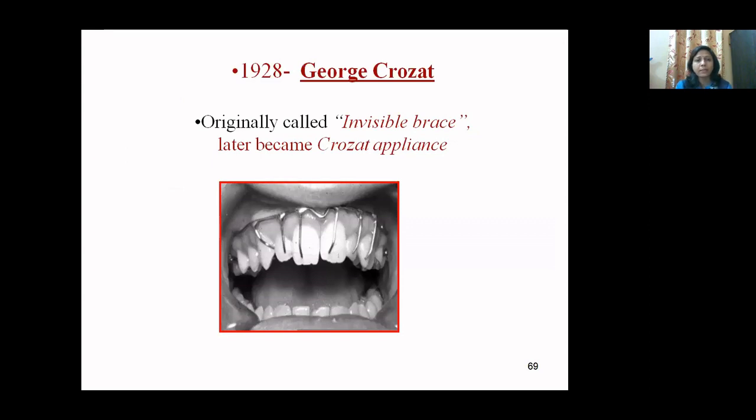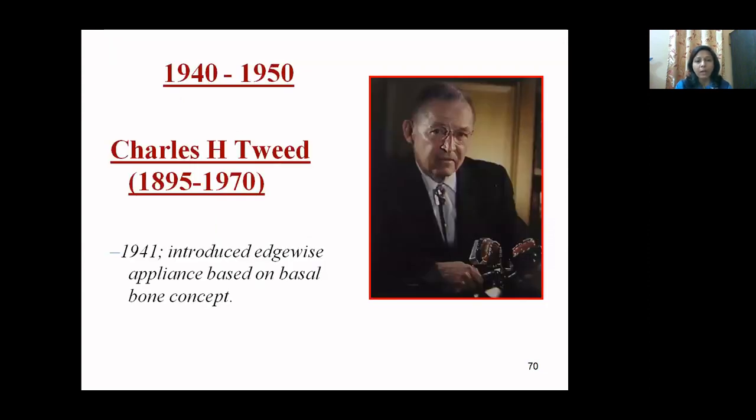George Crozat in 1921 originally called his appliance invisible braces, which later became the Crozat appliance. Then in the 1940s and 50s, Charles H. Tweed introduced the edgewise appliance based on the basal bone concept.